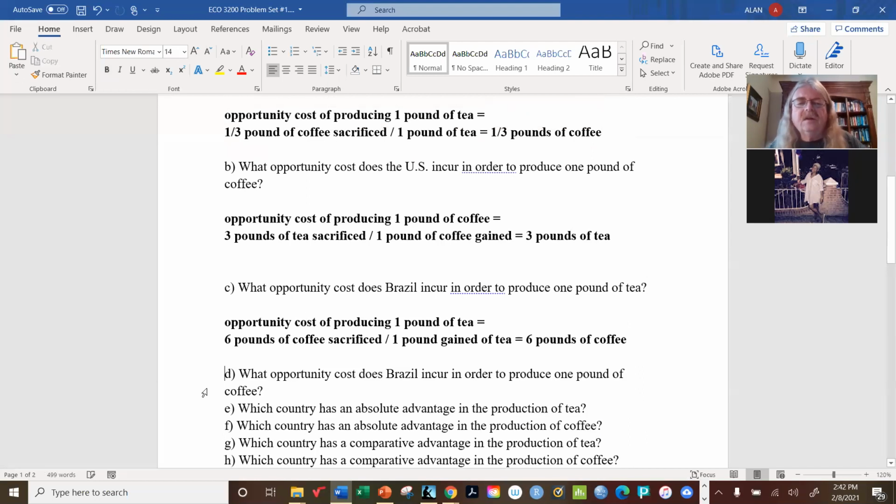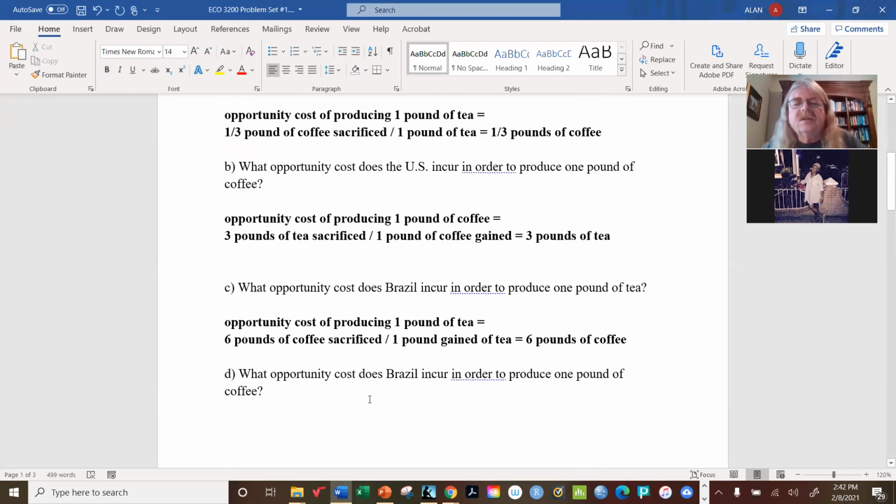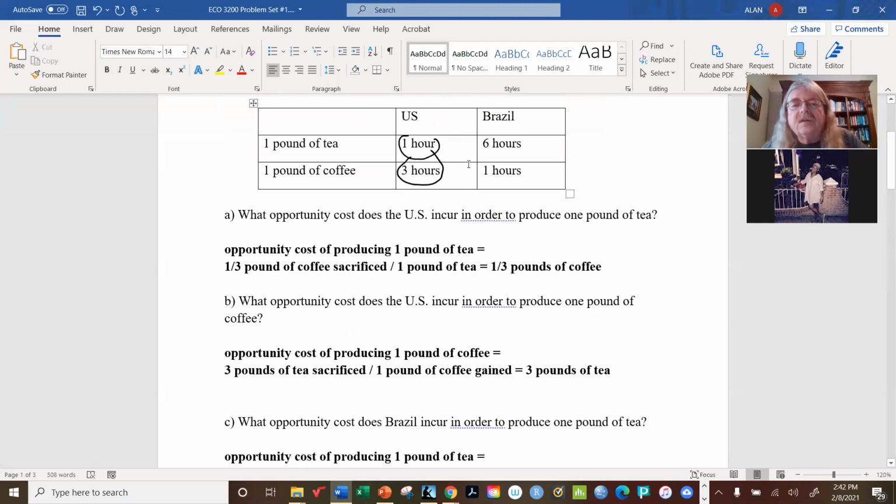Then we'll flip this over and think about, what opportunity cost does Brazil incur in order to produce a pound of coffee? So here we're saying the opportunity cost of producing 1 pound of coffee. If you look at it very carefully, you'll see that what is required to make a pound of coffee is 1 hour, and that would only let us produce 1/6 of a pound of tea.